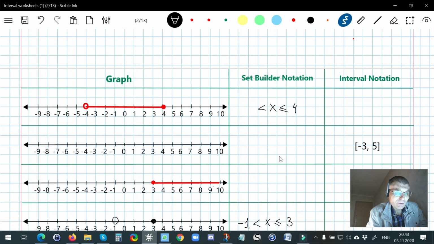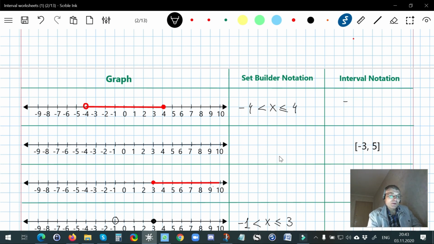Here the inequality is strict, as we say. We don't include equality, and it's -4. So x is greater than -4, and at the same time, x is lower than or equal to +4.